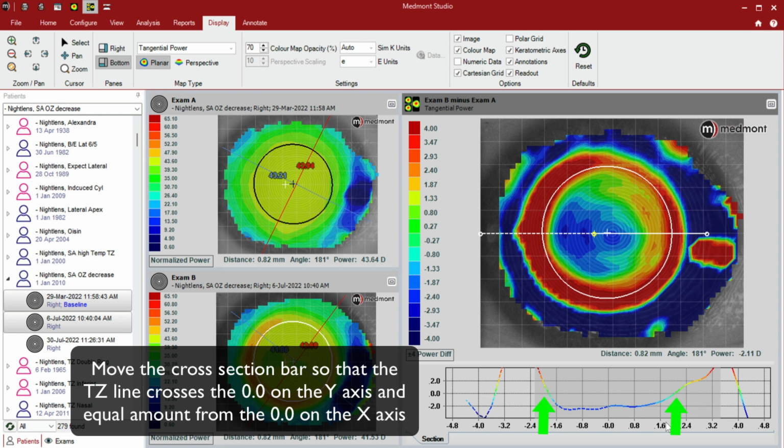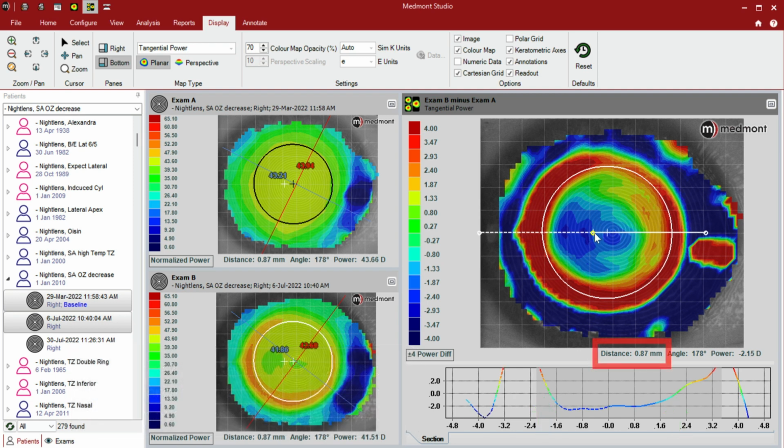So we're about between the 1.6 and the 2.4 on that side, between the 1.6 and 2.4 on this side. The middle of that bar is where the middle of the treatment zone is, and that's around about 0.8 of a millimeter decentered. So what we want to do is, can we do anything to anticipate where this treatment zone is going to be?